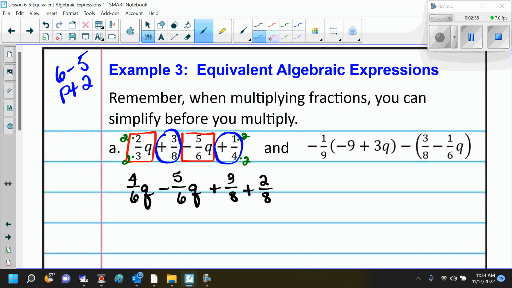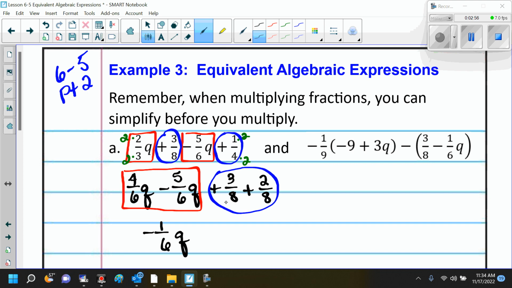And now we can combine our like terms. So here we've got the q terms over here, and we've got the constants over here. That's what we're combining. So 4/6q minus 5/6q is what? Negative 1/6q. Very good.